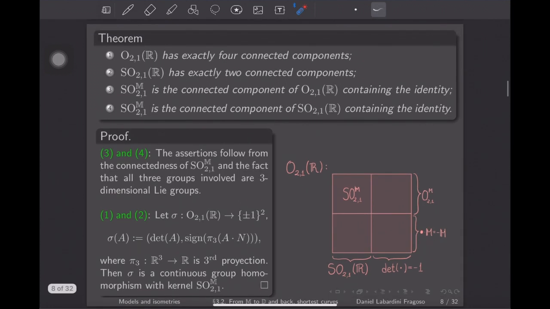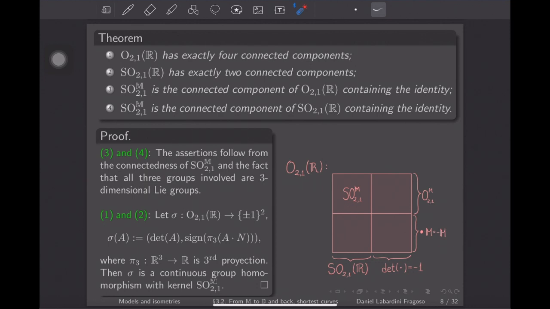And this separation really comes from the fact that one can define from the Lorentz group a function to a set with 4 elements, which is continuous. For each matrix you can first consider the determinant, to separate those that have determinant 1 and -1.